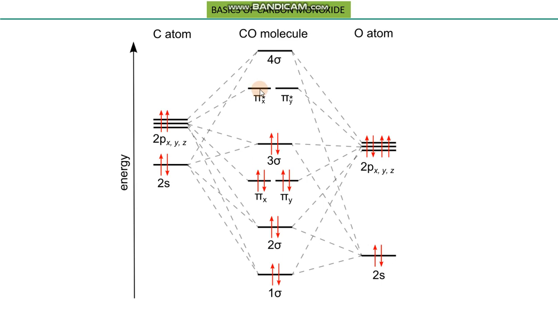And the one called LUMO, the lowest unoccupied molecular orbital, is empty. Whenever it participates in any sort of business, it will accept electrons from any foreign source or foreign element, normally a metal.